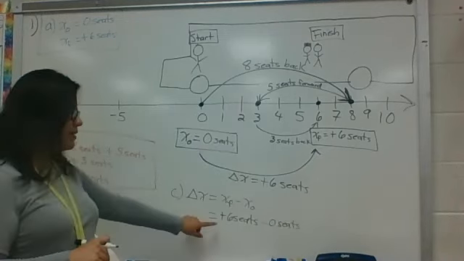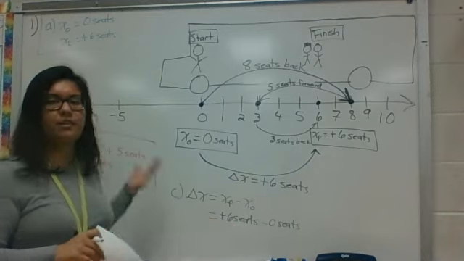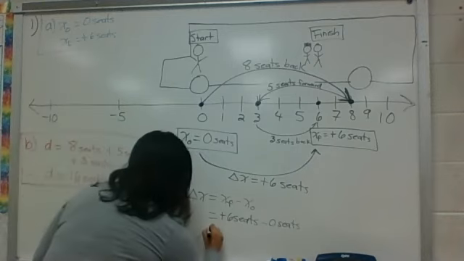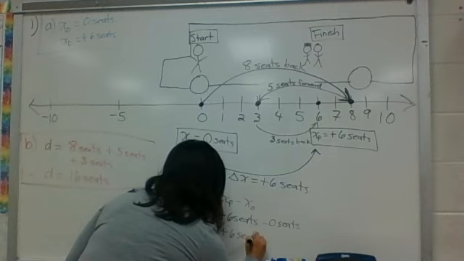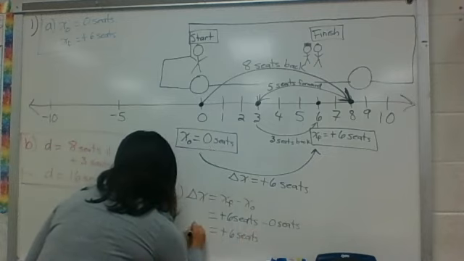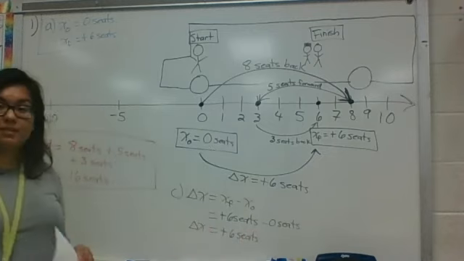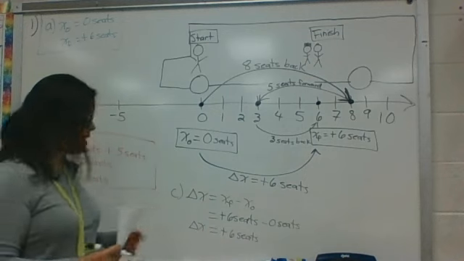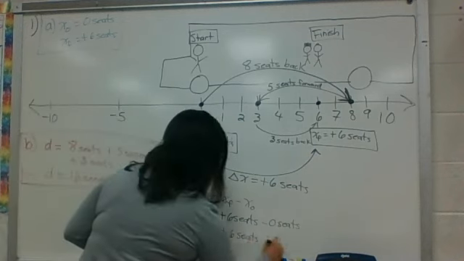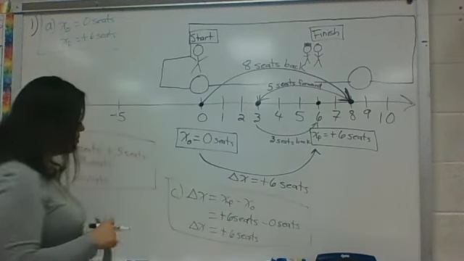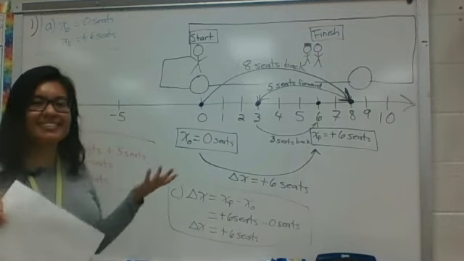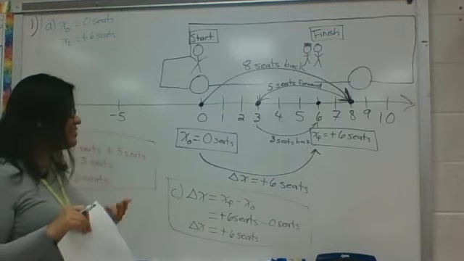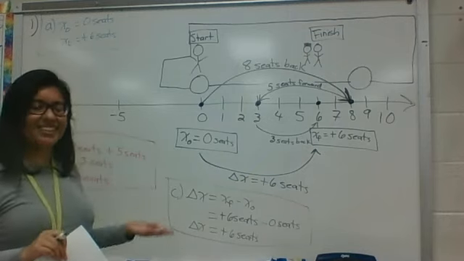And then remember that a number minus 0 is always just that same number, right? So positive 6 seats, and that is our displacement, right? So we had 2 ways of getting it. And look, we got the same answer as before. This bell is so annoying.